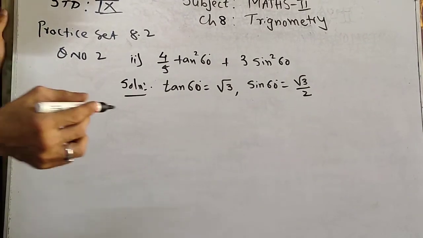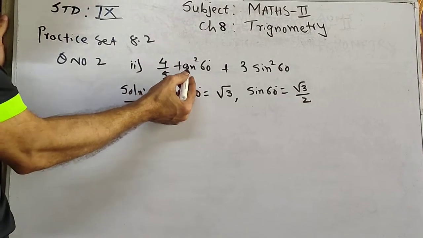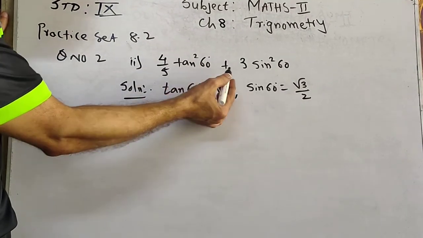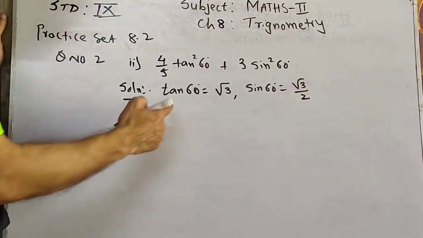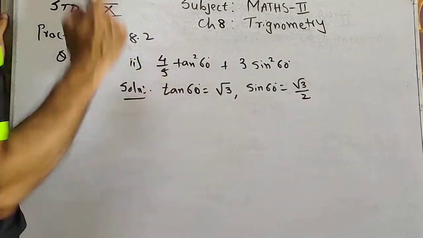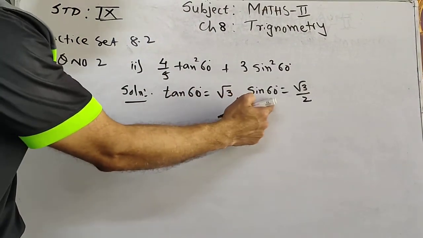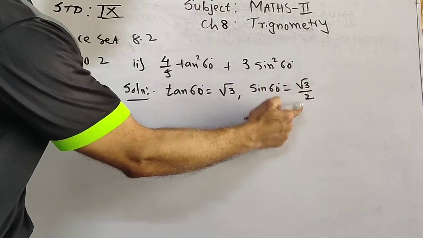Okay, now come to sum number 2 of question number 2. 4 upon 5 tan square 60 plus 3 sine square 60. Now tan 60 from the table value is root 3 and sine 60 from the table value is root 3 upon 2.